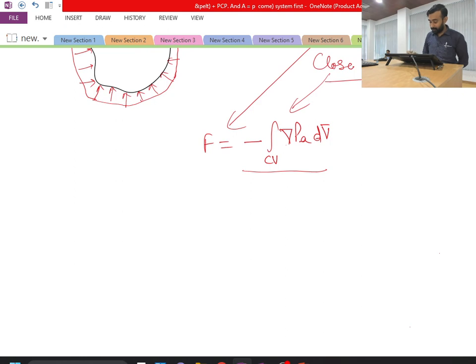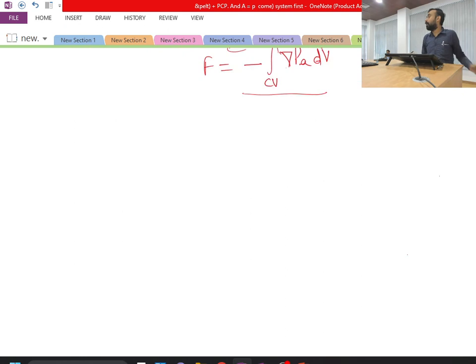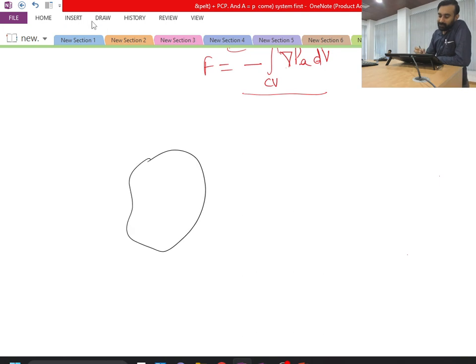Now let's come to the real situation. A fluid element will not always be subjected to uniform pressure. There will be some non-uniformity. So if I go to the real situation, the uniform pressure is PA. Let me draw a similar spectrum again.